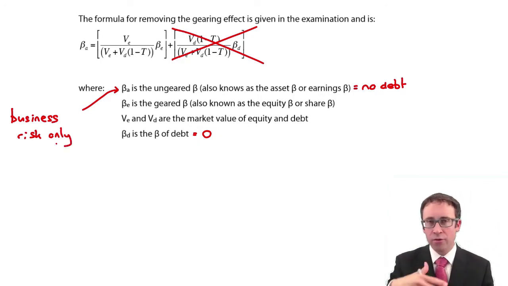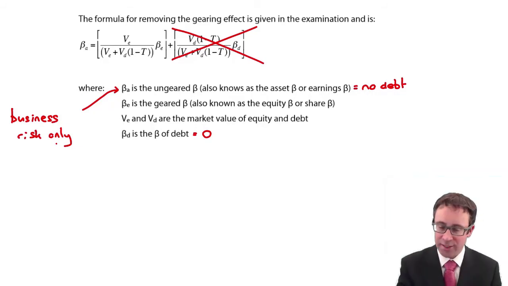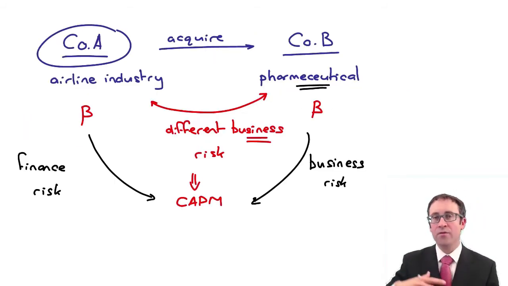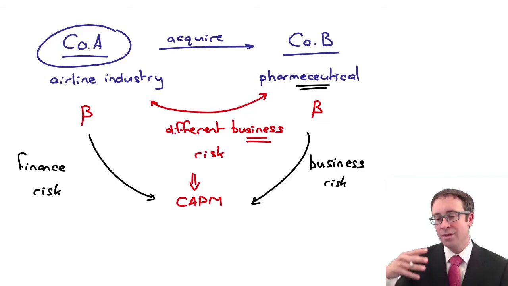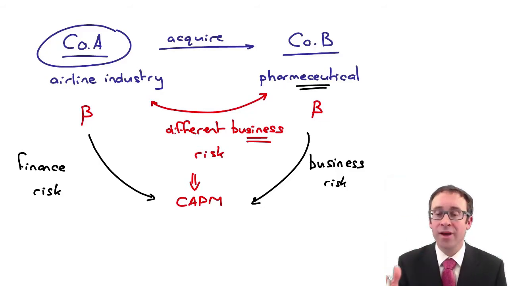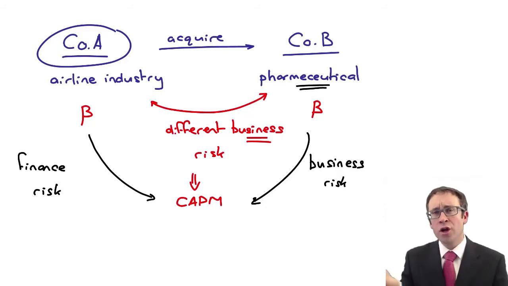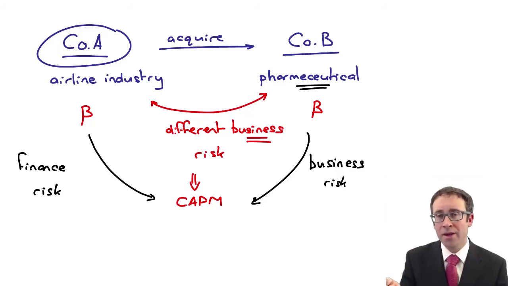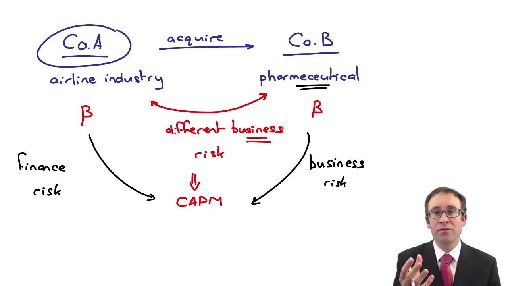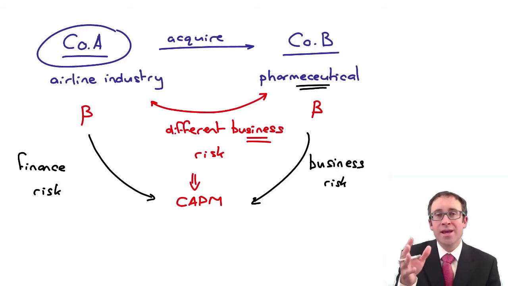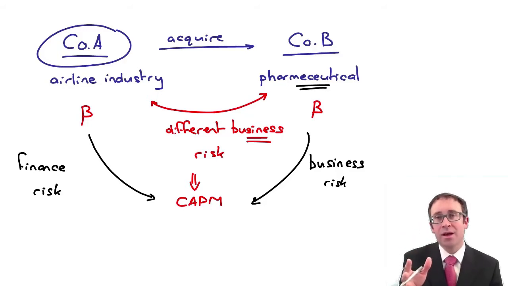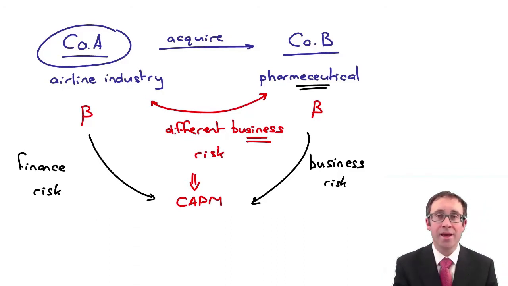When we start playing around with this in investment appraisal, if we've got company B, its beta reflects the business risk of company B. It will also reflect company B's finance risk. If we can strip out the finance risk from company B to give a beta that reflects just the business risk only, then surely we can take that ungeared beta and re-gear it to reflect the finance risk of company A for the new project business risk.